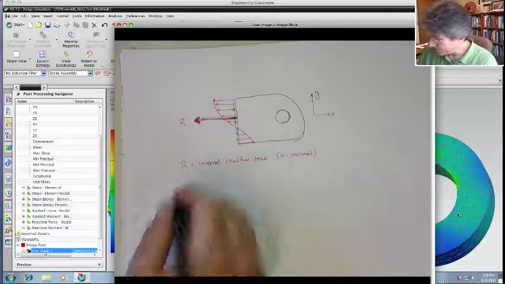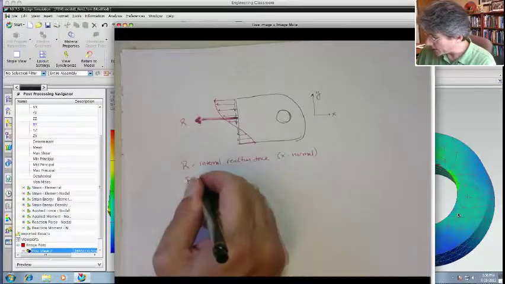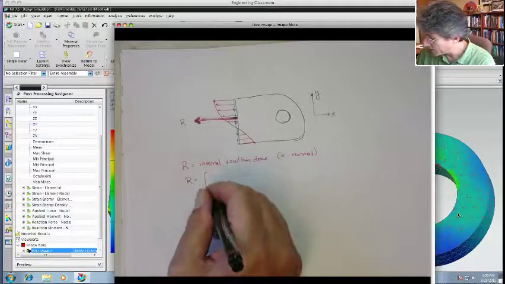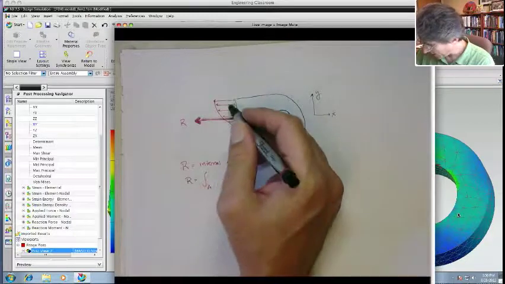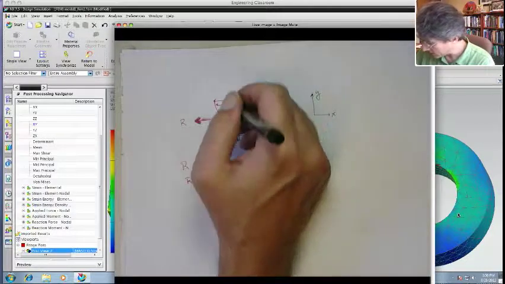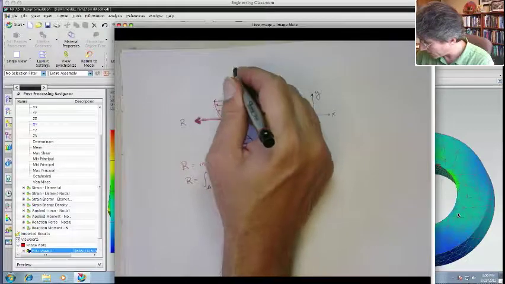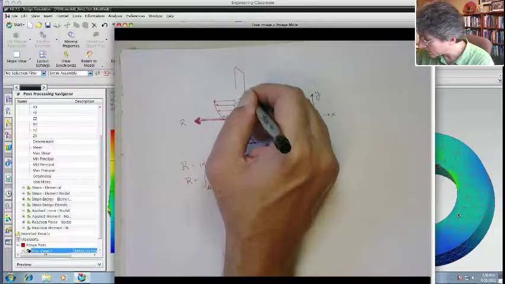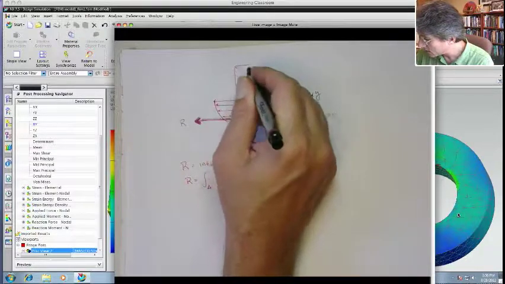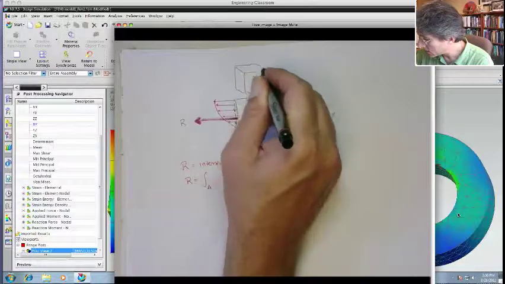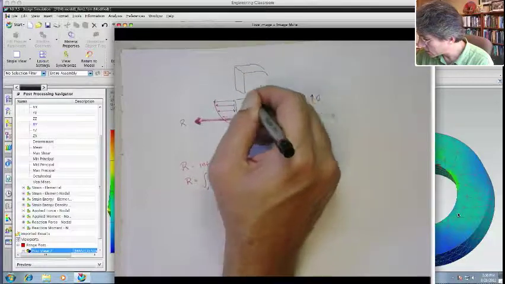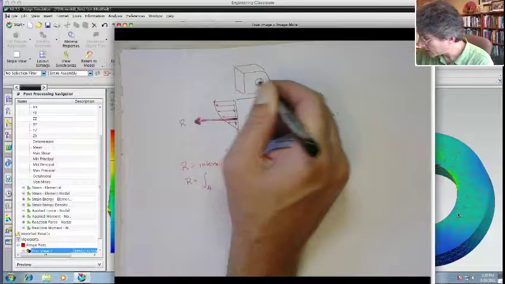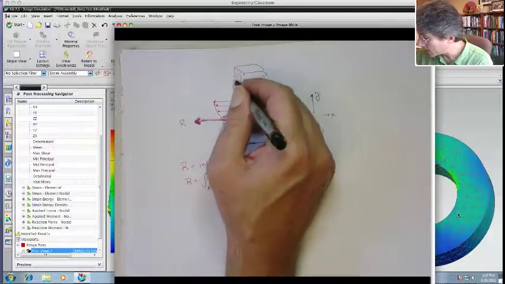Okay? And it's equal to the integral over this area. Now the area we're talking about is the area that these loads act on. So this is the one that I can't really draw very well, but this is the area.